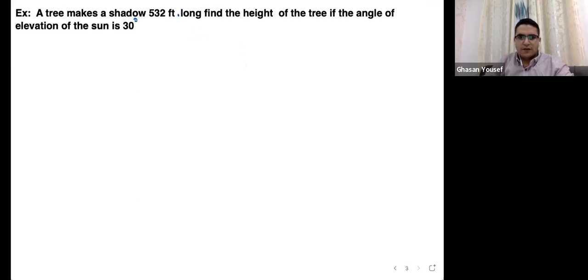Okay, so suppose I have a tree like this. Here is my tree. A tree makes a shadow. So the shadow is something like this here.